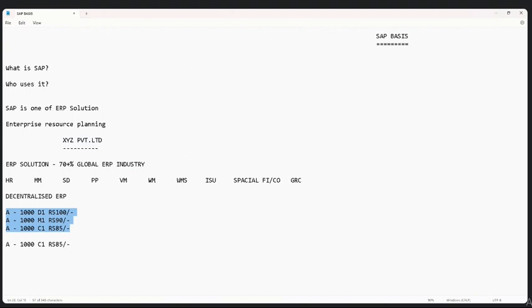Now, I just gave you an example. So considering these kinds of loopholes or problems in this decentralized ERP, a new solution evolved, which we call centralized ERP.